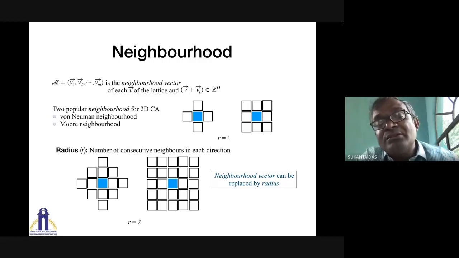You can cover the topmost corner cell, the topmost left corner cell, the topmost right corner cell. In this way, you can cover all the corner cells. And if you go along the x-axis, you can consider that cell also. What about the remaining cells? They come under that one. In that step, you will also be able to reach those cells. Here also the distance is 2.